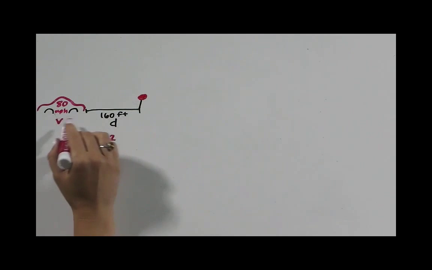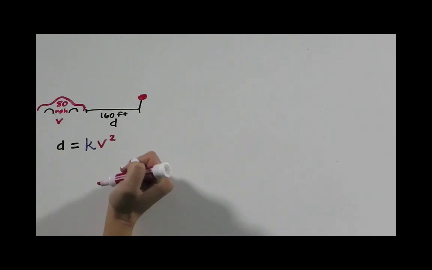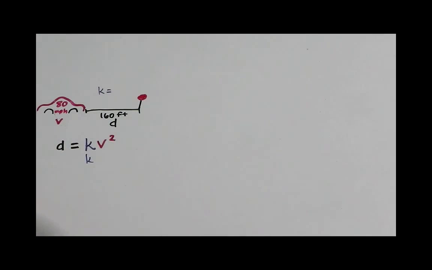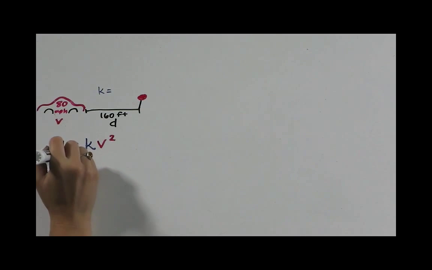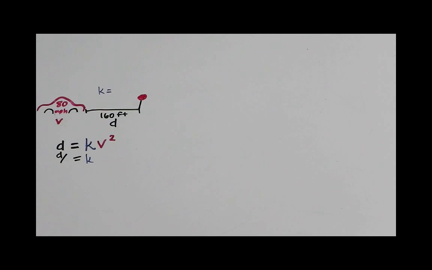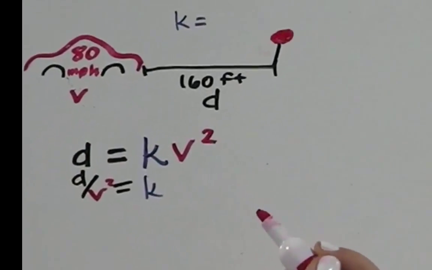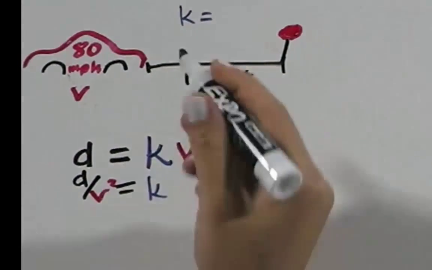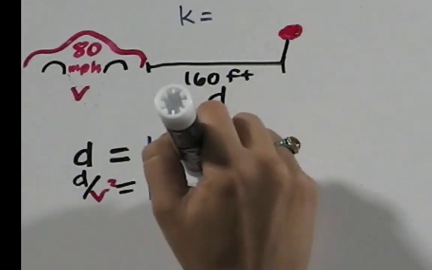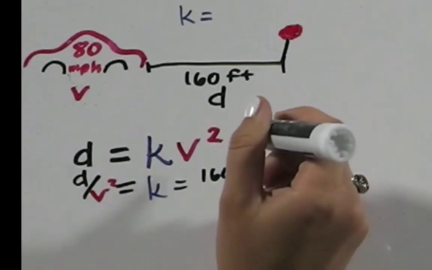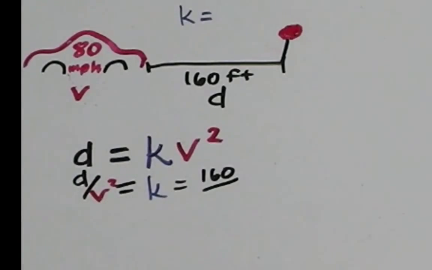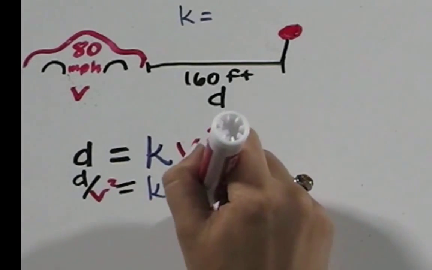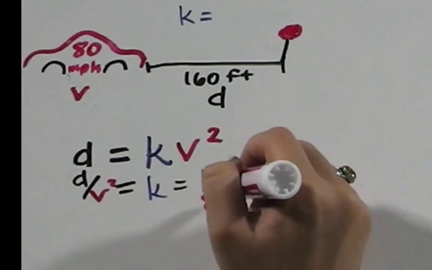We can plug in our initial velocity and distance relationship. k has to be equal to the stopping distance divided by the velocity squared. And we already have a distance and a velocity squared that we can use. We have 160 feet as our distance divided by 80 miles per hour squared.